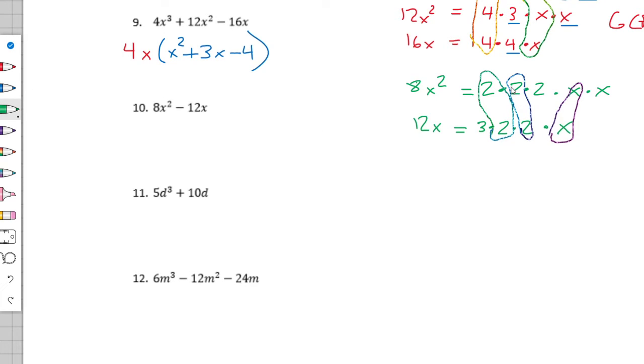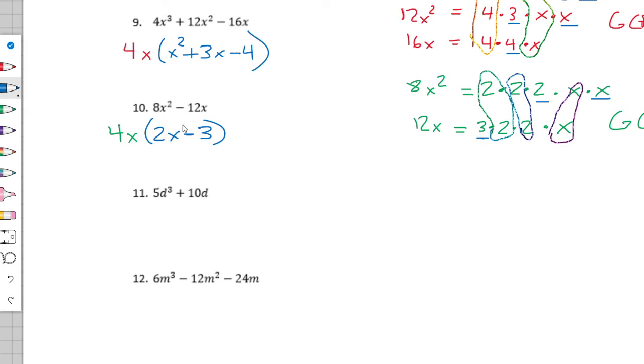So 2 times 2 is 4 times x, so that's going to be 4x. So our greatest common factor, 4x, that's an equals. Let's pull that out, so that's 4x. And then write what's left. So in our first term, we have a 2x minus, what's left? 3.